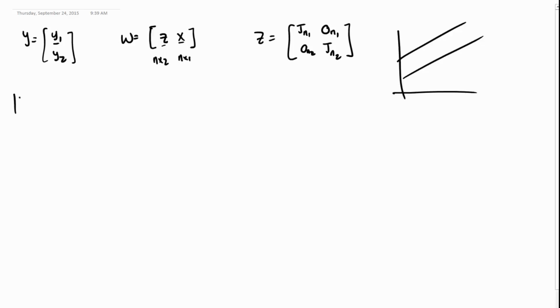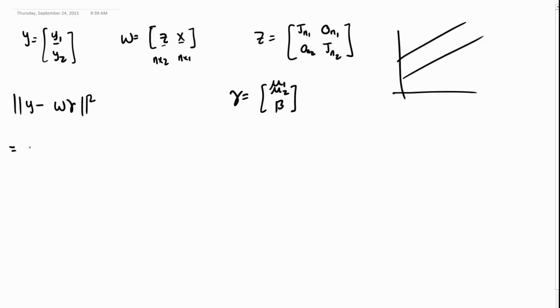Okay, so we want to minimize the quantity y minus W gamma, squared, where gamma is equal to mu1, the intercept for group 1, mu2, the intercept for group 2, and beta, the common slope across the two groups.